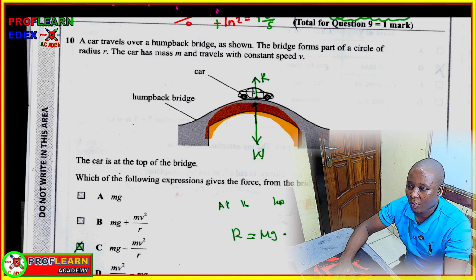So at that given point, if you understand that a car moving on a humpback bridge is in circular motion, there is a force directed towards the center, and the resultant force is equal to the centripetal force. The resultant force is W minus R, which is equal to mv squared over r.